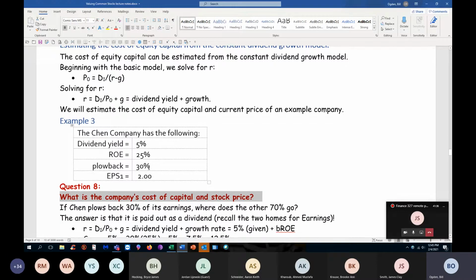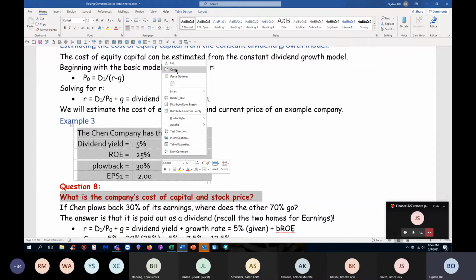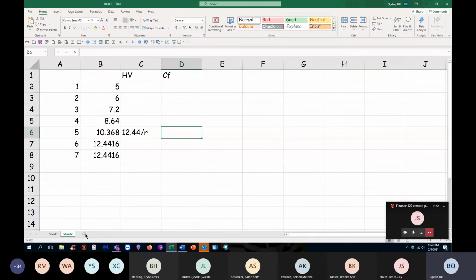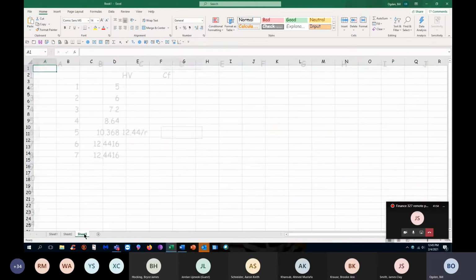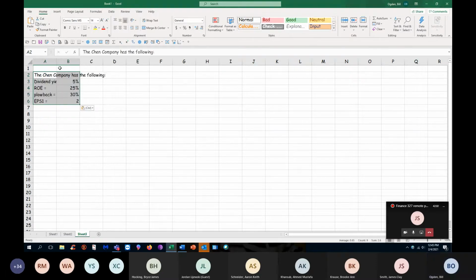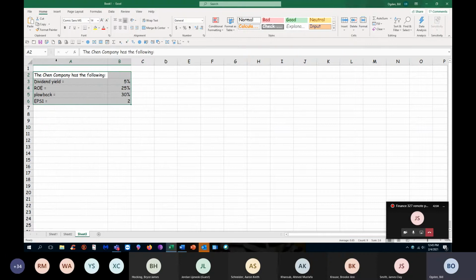Why don't we copy this table and drop it into an Excel file. So let's play with it live rather than just look at the written stuff I have here. I need another sheet. Okay. So I'm going to drop this table into Excel, and I'll blow it up so you can see it.